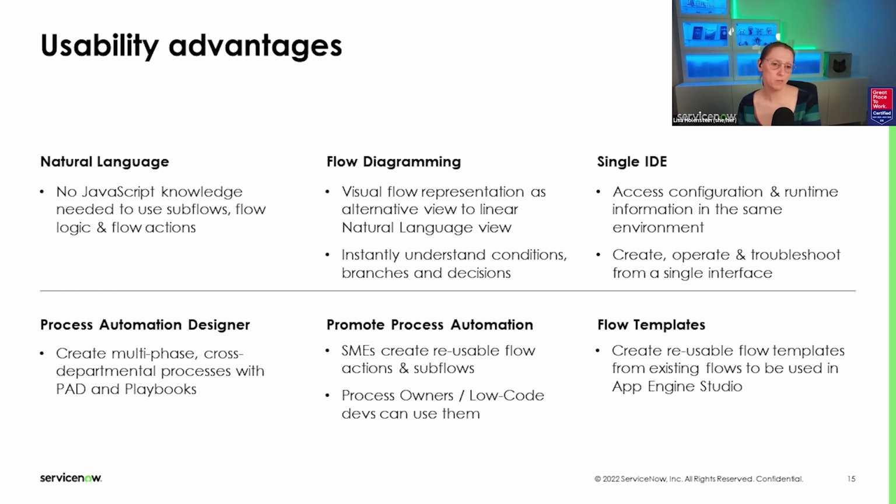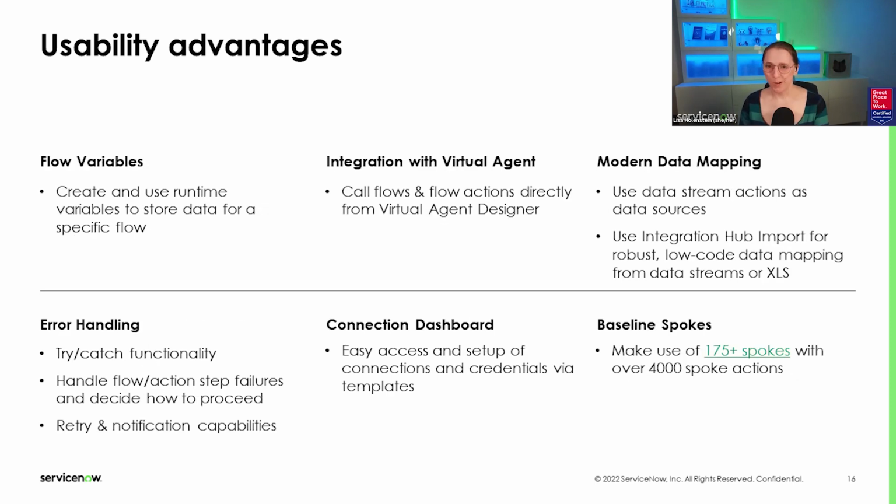The good thing about promoting process automation here is that your SMEs, your subject matter experts, your experienced developers can create reusable flow actions, subflows, and also flow templates that the process owners and low-code devs, citizen developers can then use and reuse. More usability.